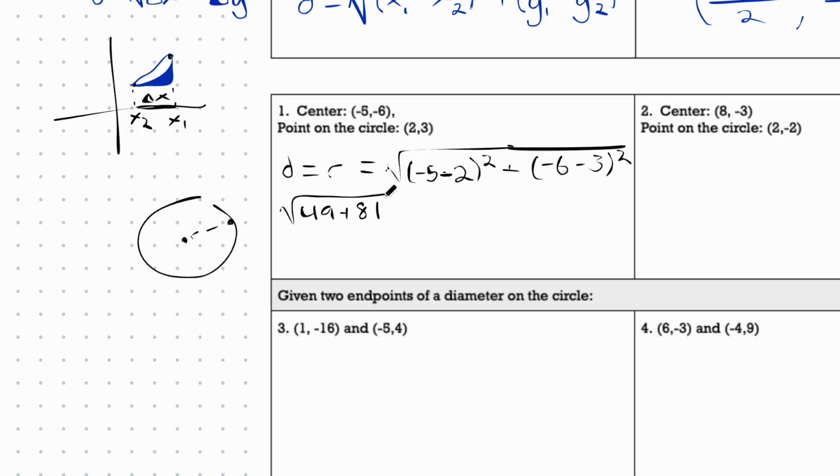And 49 plus 81 is going to give us 130. Root 130. So if this is equal to R, then R squared is root 130 squared, which is just going to give us 130.